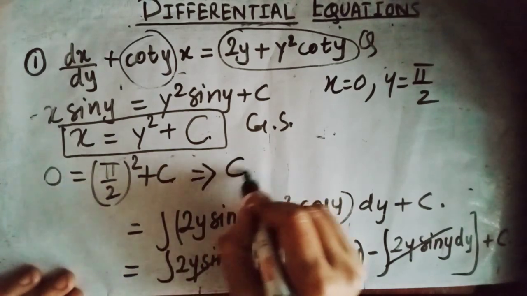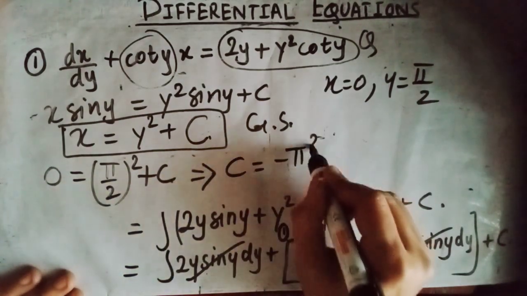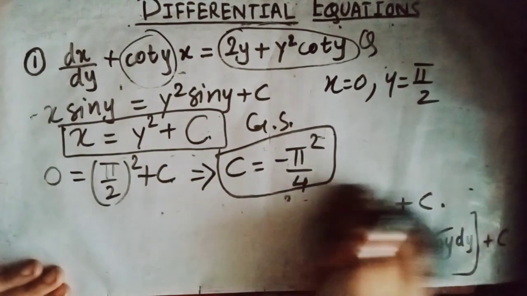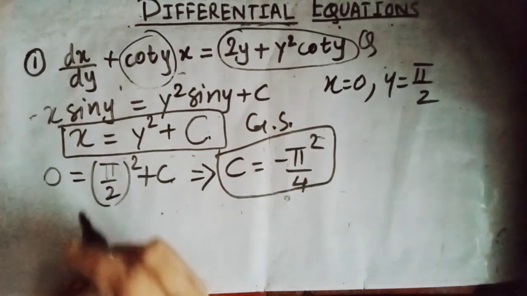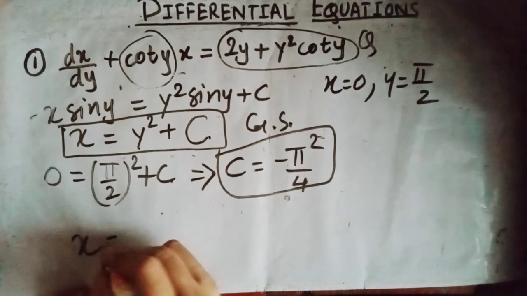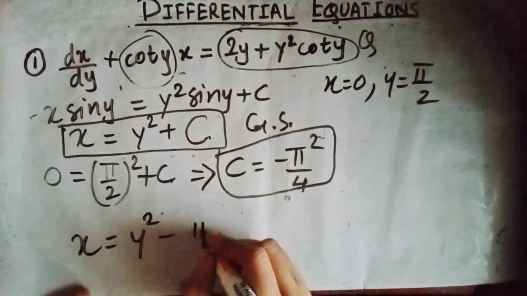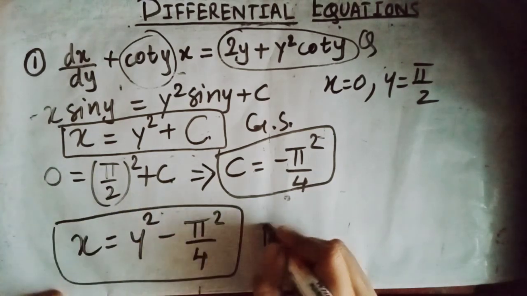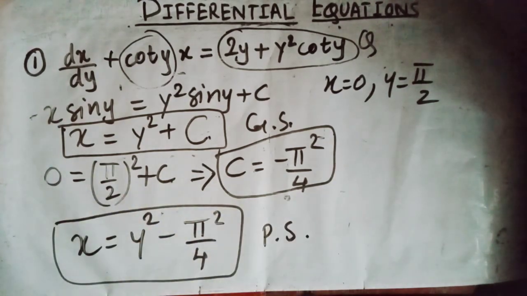So from this c is minus pi square by 4. Okay, this you have to substitute in the general solution, so you will get x equal to y square minus pi square by 4. So this is our particular solution.